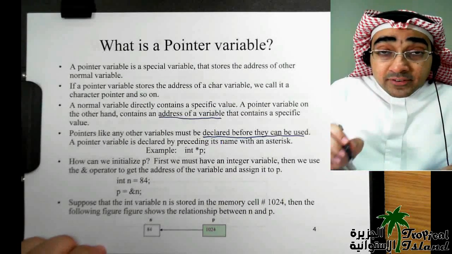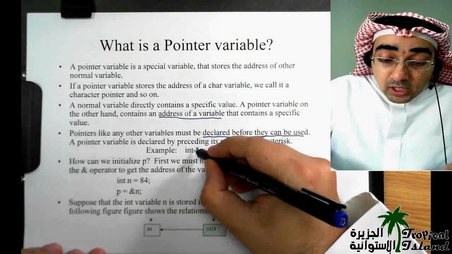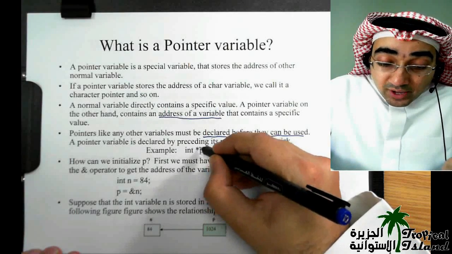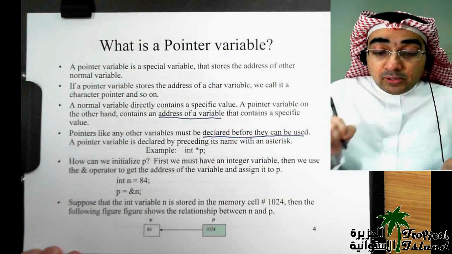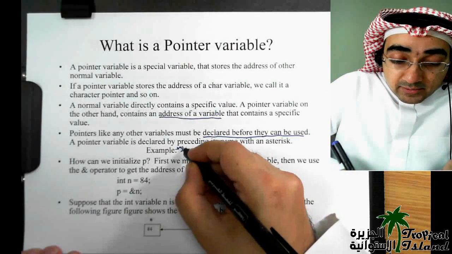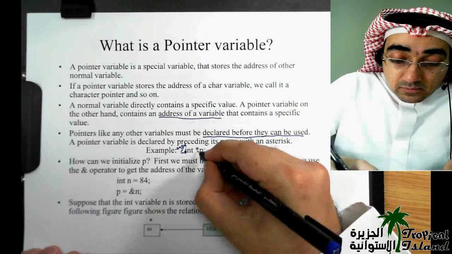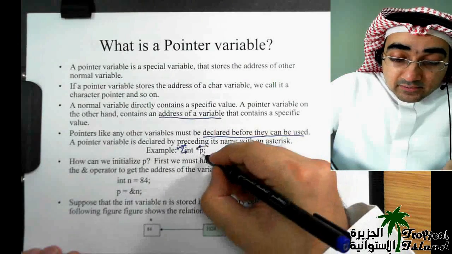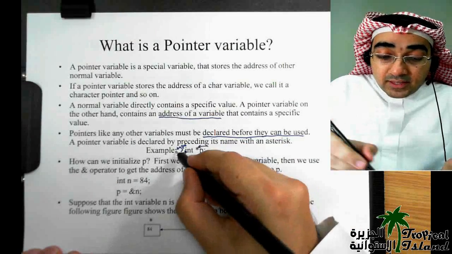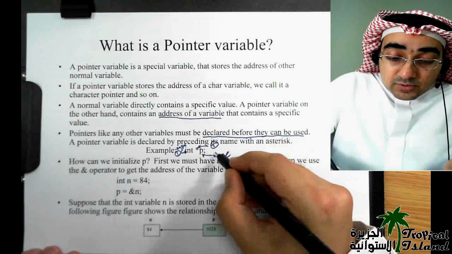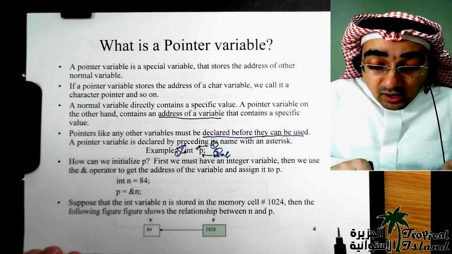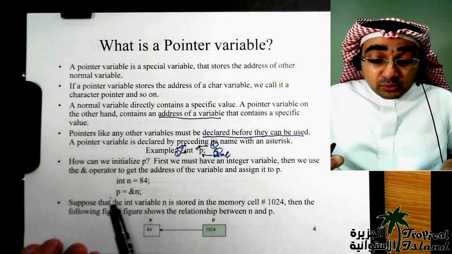So whenever you want to declare a pointer variable, you take the type you want to point at, and then you put the star sign, and then you put the variable name. So you need three things: one is the type, two is the star, three is the name. So you need to put int star p, for example, if you want to declare a pointer p.